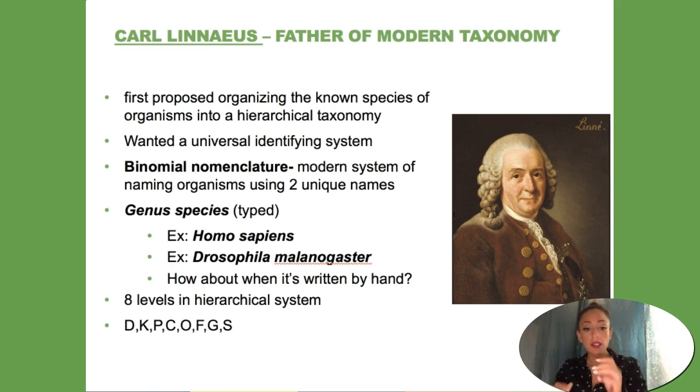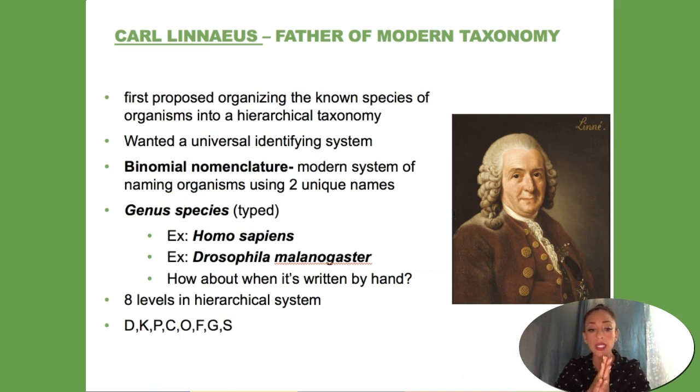So, as humans, we are Homo sapiens. That is the genus and species that we belong to. Another example is Drosophila melanogaster, commonly known as a fruit fly. It is a modern system of naming organisms using two unique names.